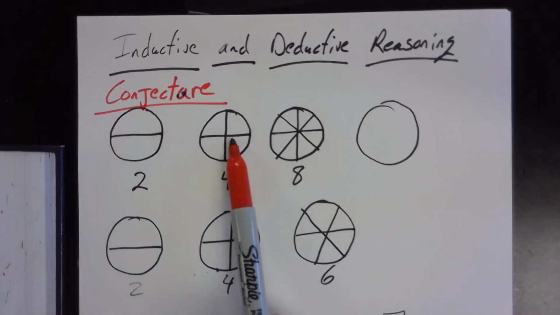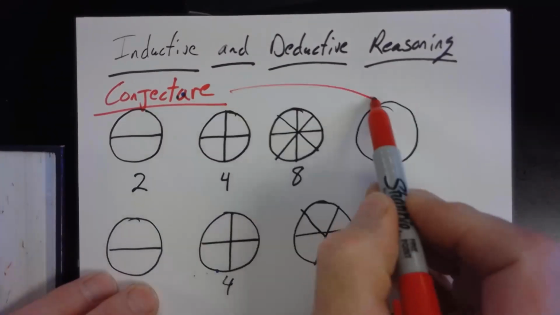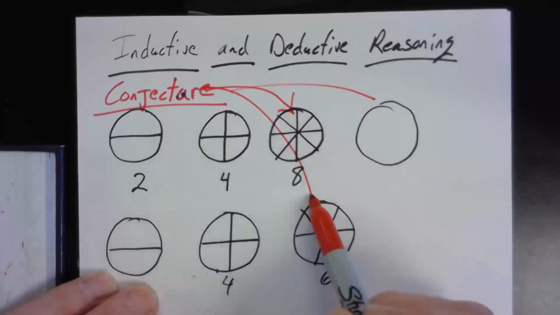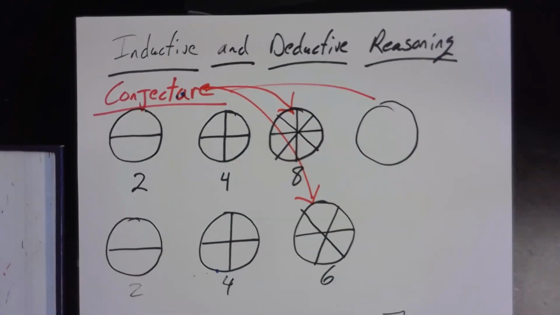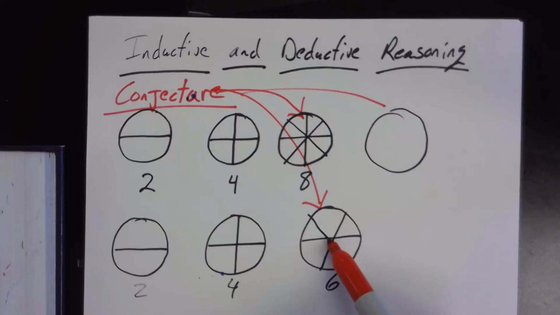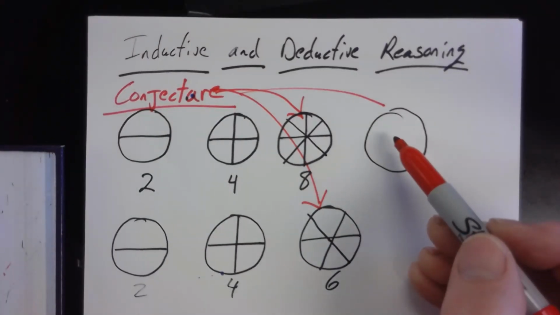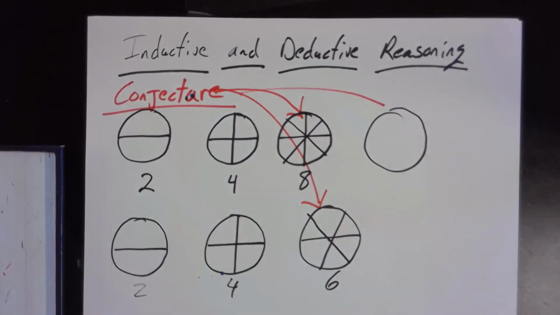We're looking at a pattern and making a conjecture about what's going to happen next. So we've talked about proving things a little bit. We've talked about what a theorem is. I showed you the vertical angle theorem a little bit. That's not inductive reasoning. There's no proof that that's the next one, or that 16 is the next one. We're just basing our conjecture off of what we're seeing.